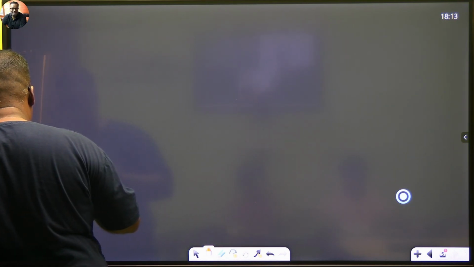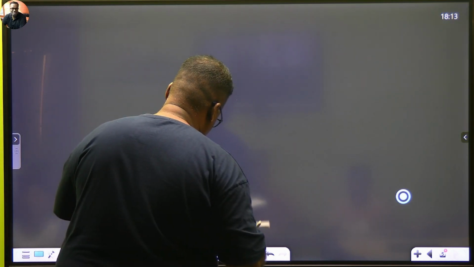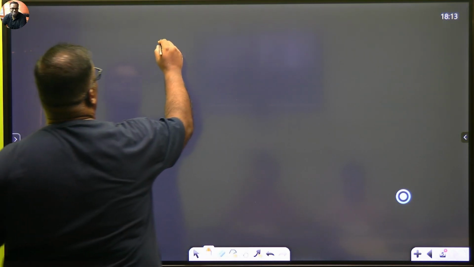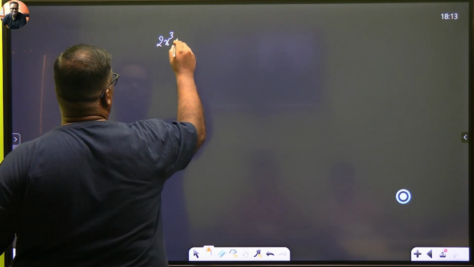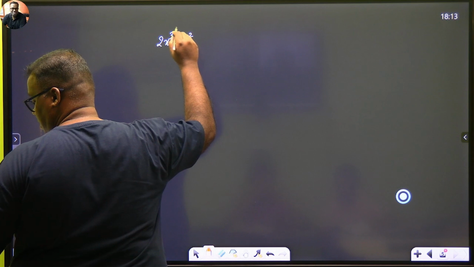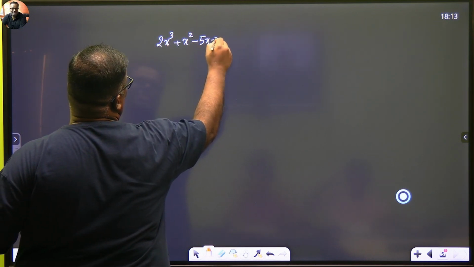Okay, auto you will do. I am not doing. You are doing the auto problem. What happened? No. 2x cube added with x square minus 5x minus 2.